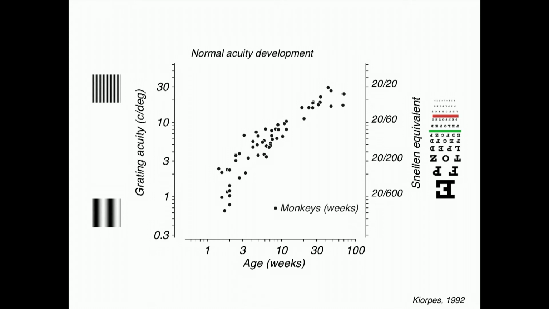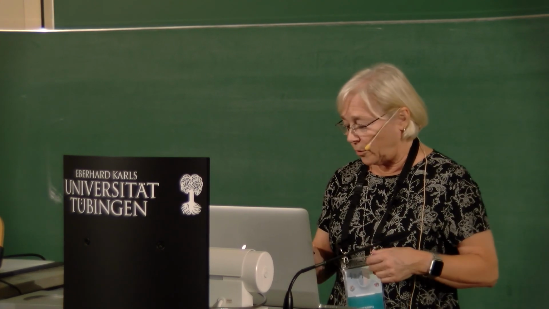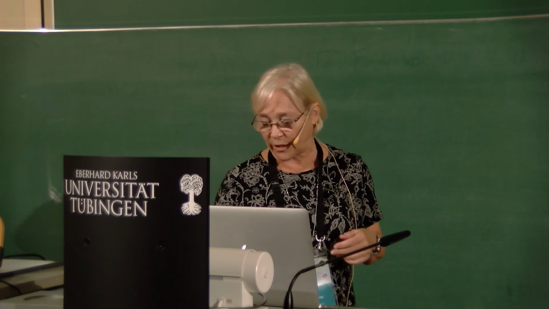And this is showing you acuity development as a function of age in weeks for a group of infant monkeys, some tested longitudinally and some tested cross-sectionally. And what you can see easily is that there's a nice coherent developmental process that asymptotes by the end of the first postnatal year. And so their acuity is adult-like by the time they reach the end of the first year.